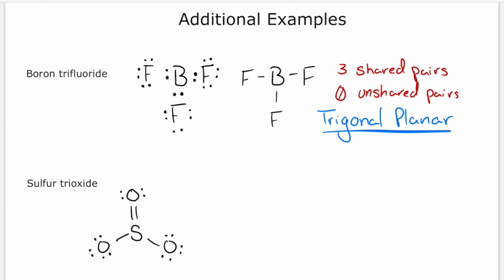And you can see this way, now everything has 8 electrons, so all of the atoms have a full octet now.